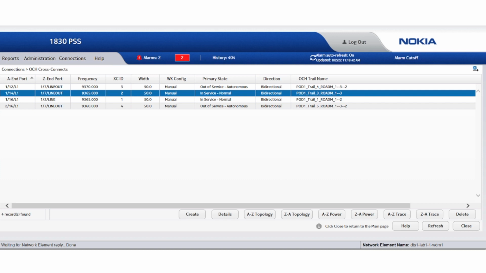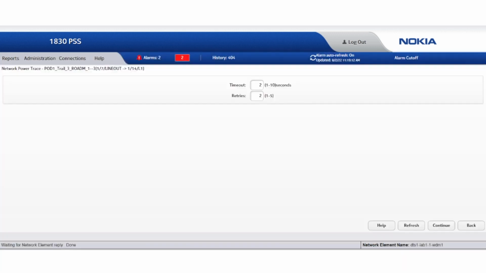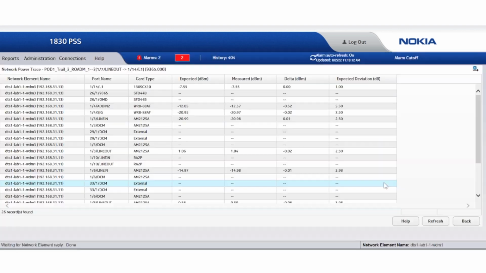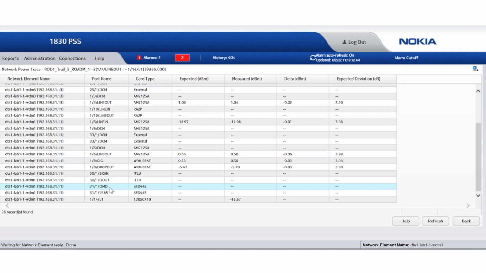Let's check the network power trace of the not affected channel for the same direction, Z to A. As you can see, this channel goes towards another SFD. That is, it doesn't go towards the SFD in slot 32-1, but goes towards the SFD slot in 31-1.